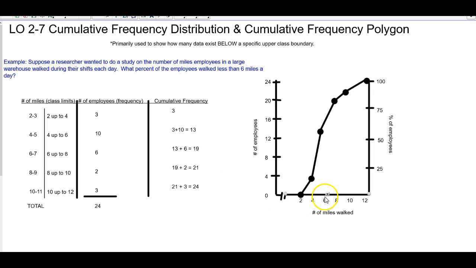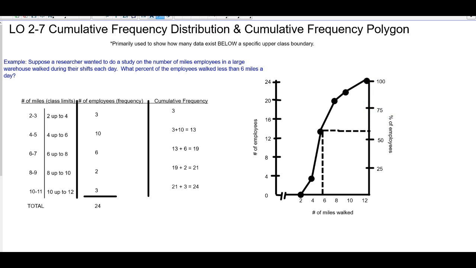So we go to the number of miles, we go up here. Now if our chart was extremely precise, like if we did it in Excel, then we would have a really good estimate. We know it's somewhere between 50 and 75%.